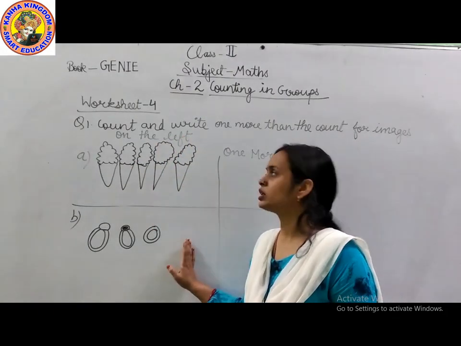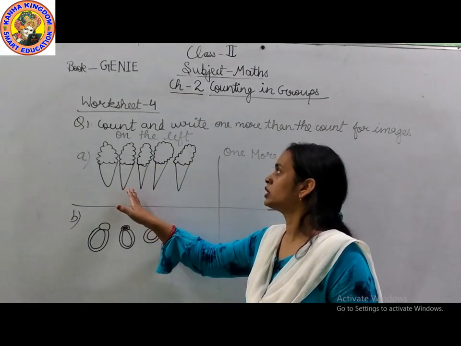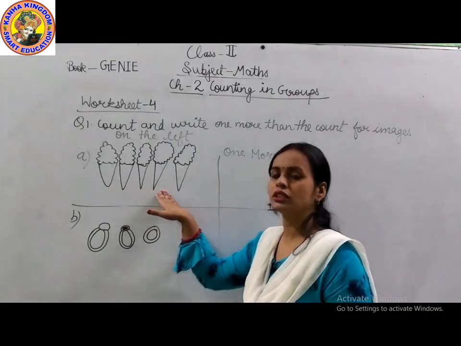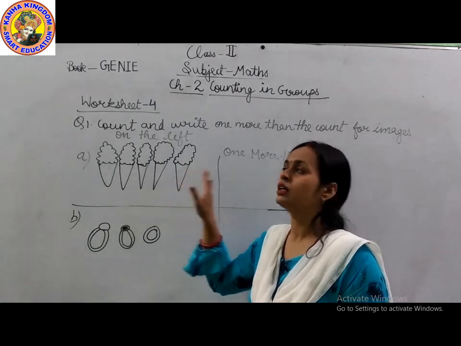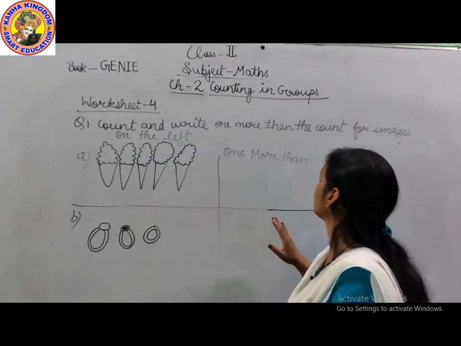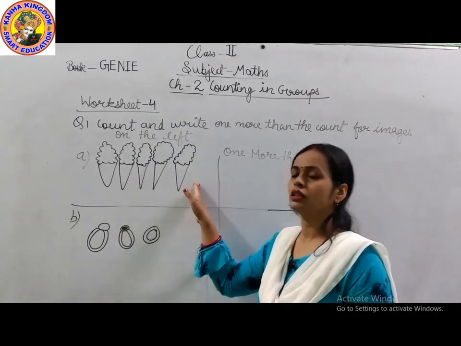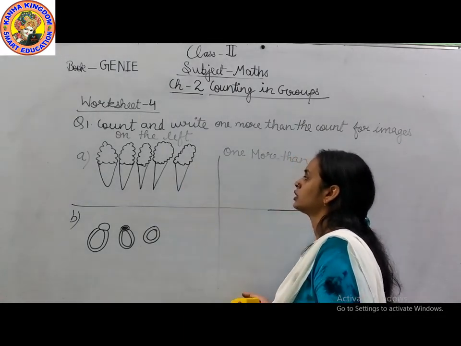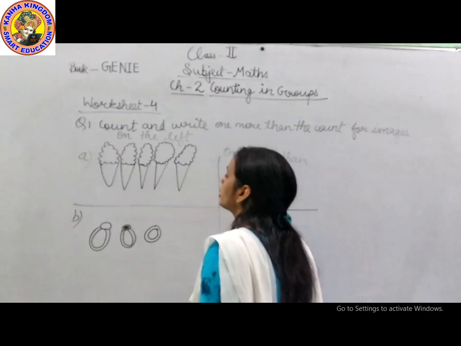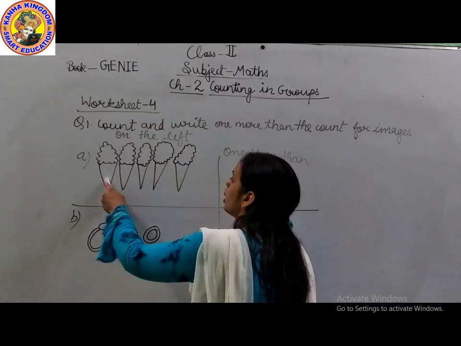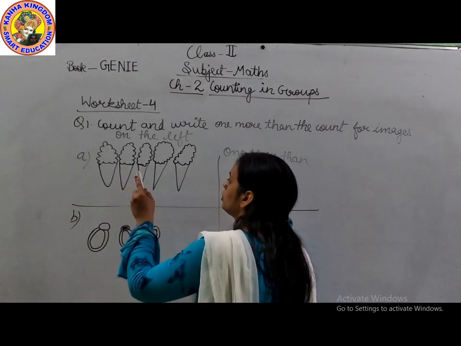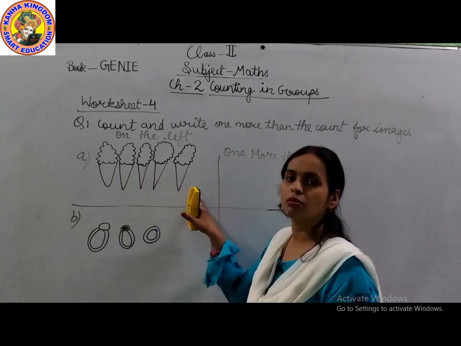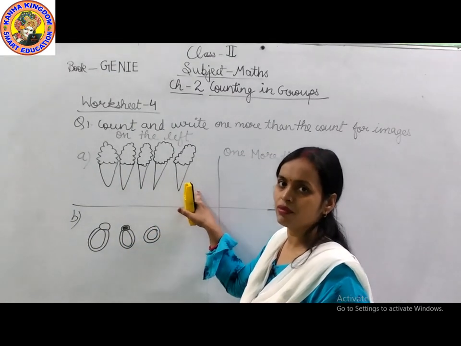So in this question, first we count the images, then write one more than the count. Okay. So first we count how many ice creams are there. 1, 2, 3, 4, 5. So total number of ice creams is 5.